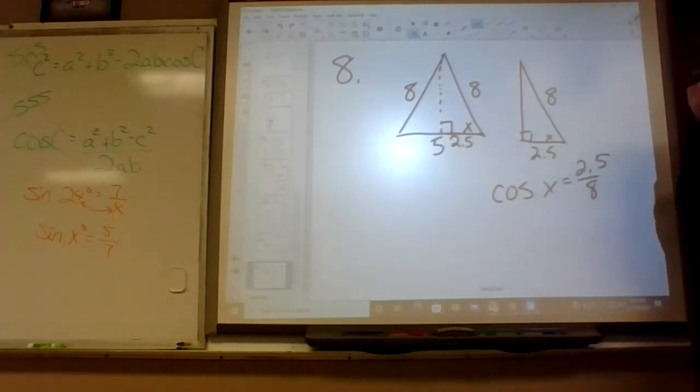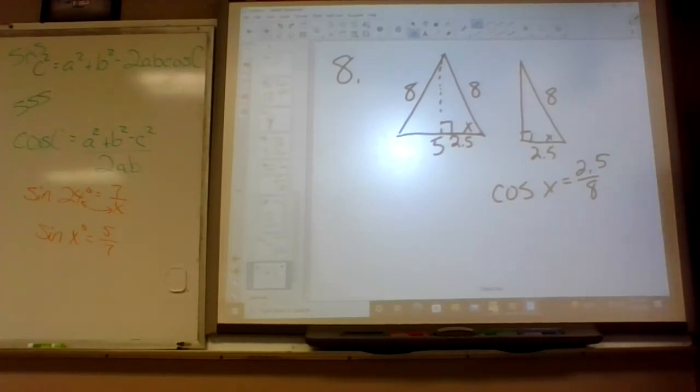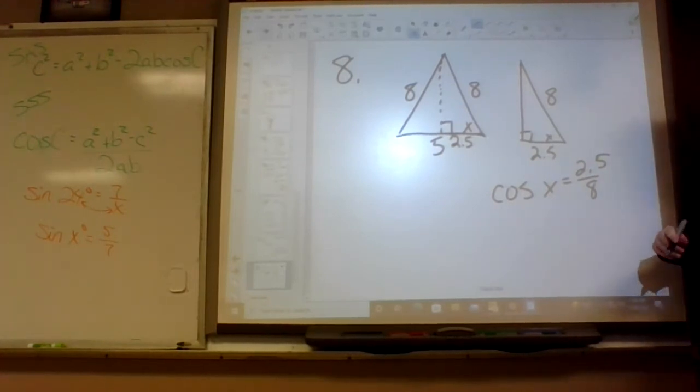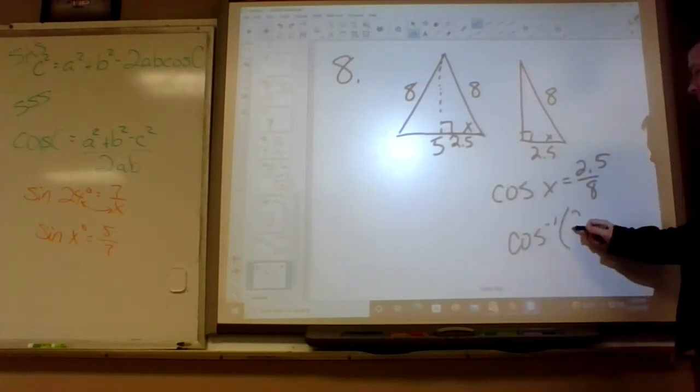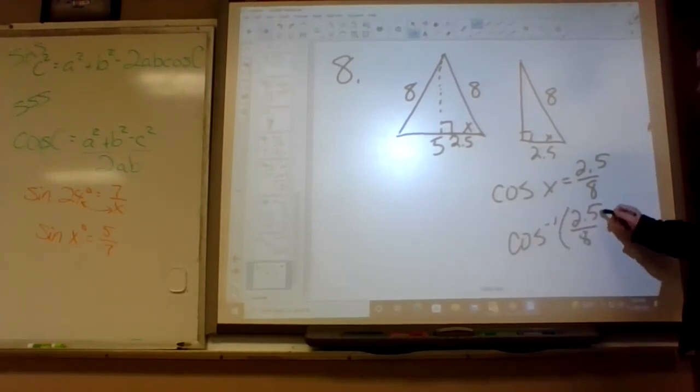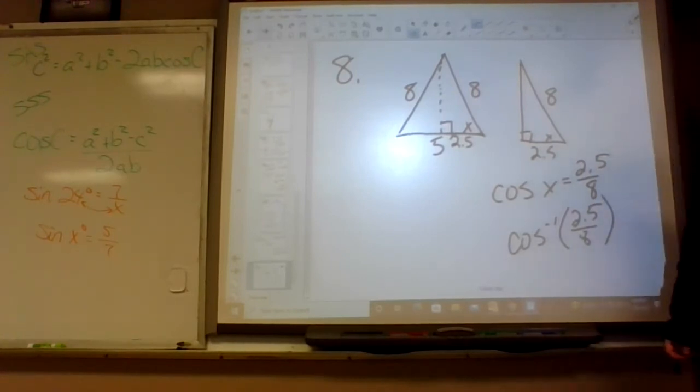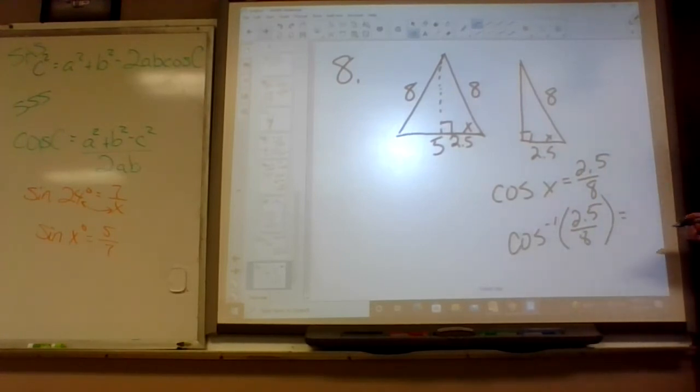You have to find all the angles or just one? On my isosceles triangle, the base angles are the same. How do I know what angle I just found?